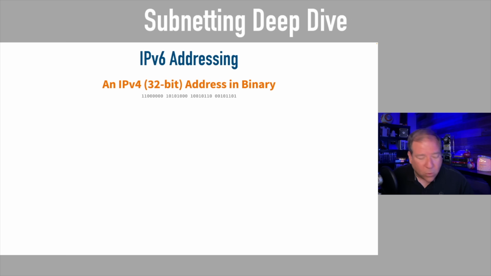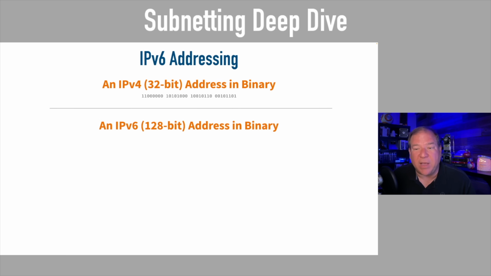IP version 4 used 32-bit addresses, and like I said, we're out of entire address blocks where you can just call up your country's numbering authority and say, can I even have a class C? They're just not available.